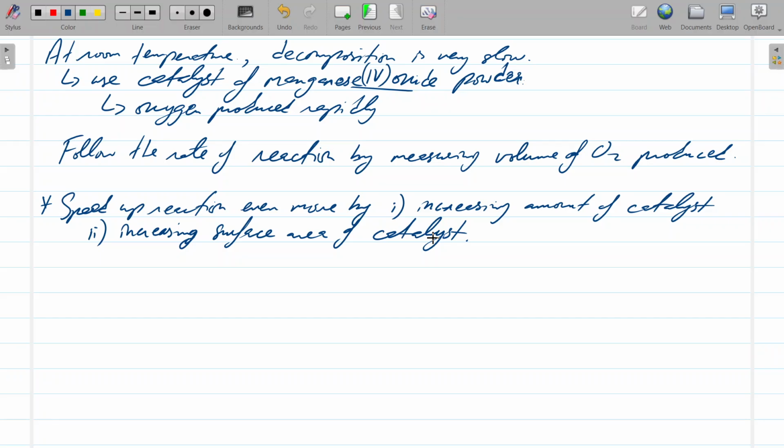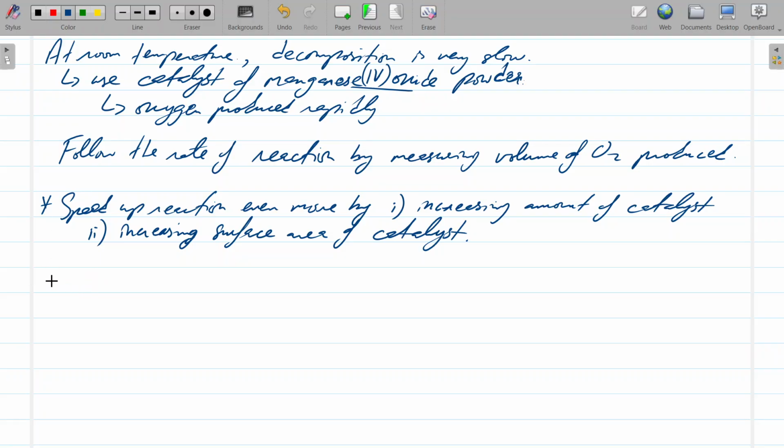The manganese 4 oxide is not affected chemically, but in this case, it is affected physically, not in the sense that its state changes. When it was used as a powder, at the end of the reaction, when it was filtered out, it was found as an even finer powder.